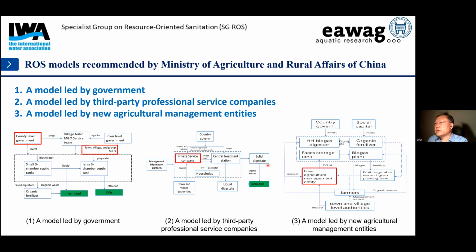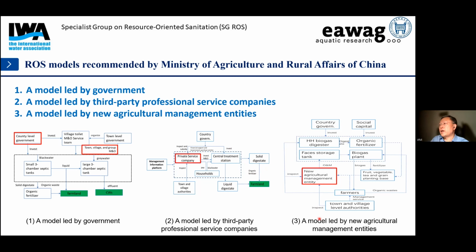You can also see the central treatment stations and solid digestate. Central treatment uses anaerobic digestion, and then the solid digestate can be used as organic fertilizer in the farmland, and the liquid digestate can also be used.